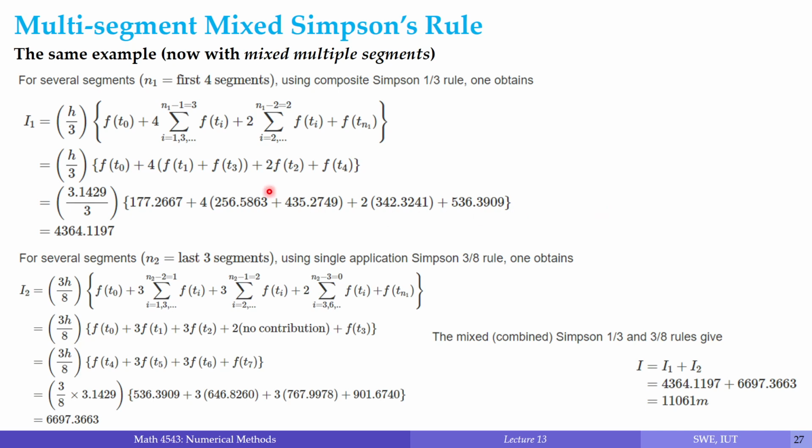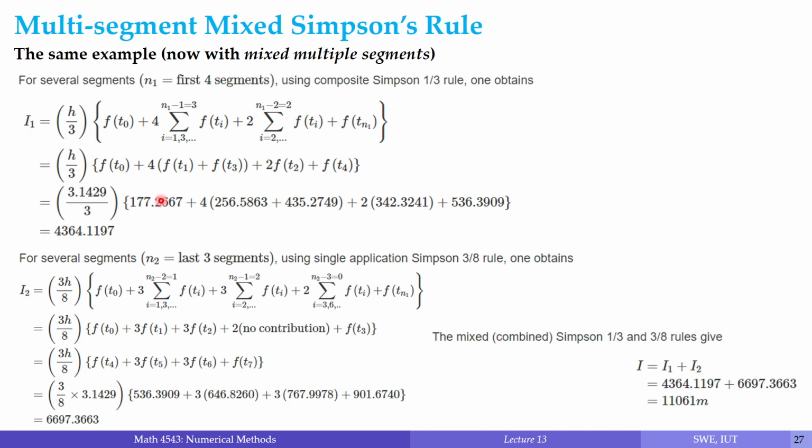Now that we know the functional values, we can appropriately place them into the respective slots in the formula. For the Simpson's 1/3 rule, we'll use the composite version of the formula to find the value of I1.